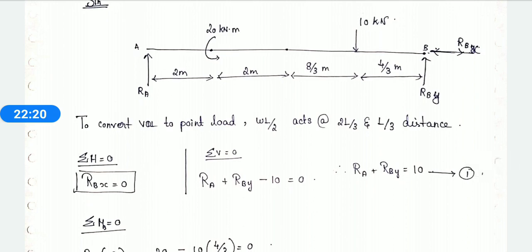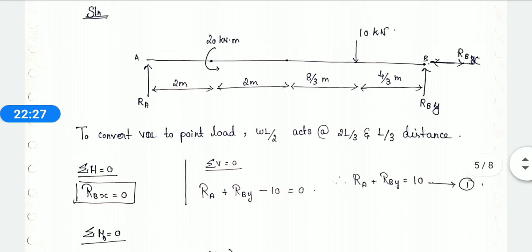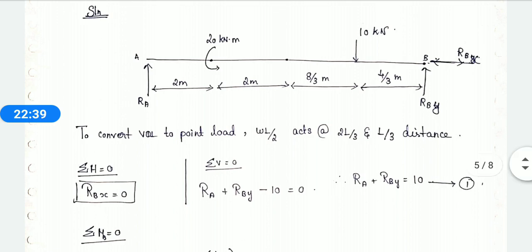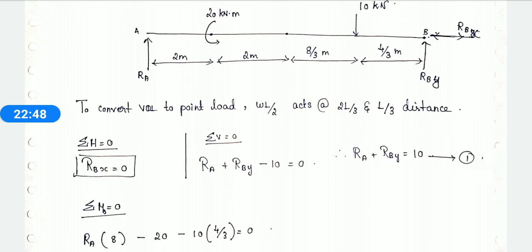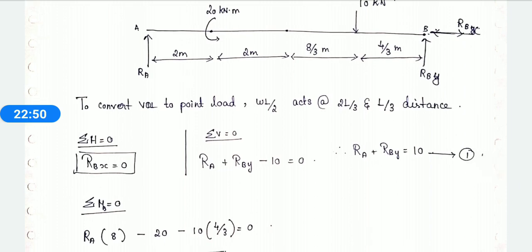Only one horizontal force, so RBX will be equal to 0 directly. When you do vertically, you will have RA plus RBY minus 10, because the 10 kilonewton is acting from top to down, is equal to 0. When you consider this load condition, you should not take your moment of 20 kilonewton meter, because that is a moment, not a load. From this equation you get RA plus RBY is equal to 10.